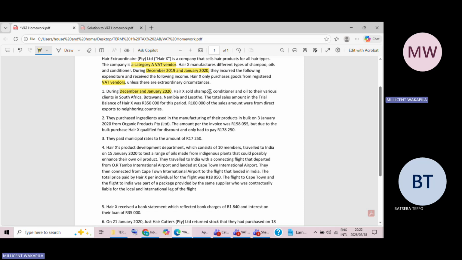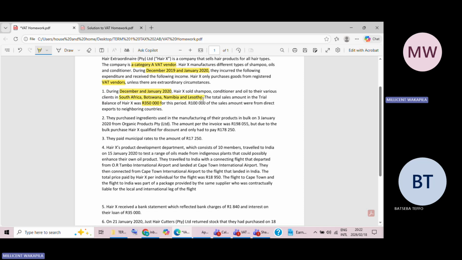So during December 2020, HairX sold shampoo, conditioner, and oil to their various clients in South Africa, Botswana, and Namibia. The total sales amount in the trial balance is 350, right? So this is the total amount. And as you can see, guys, these total sales are for the clients that are in South Africa, Botswana, Namibia, and Lesotho, right?